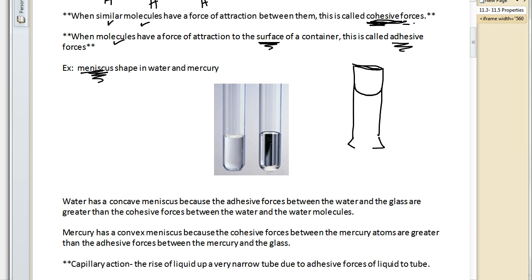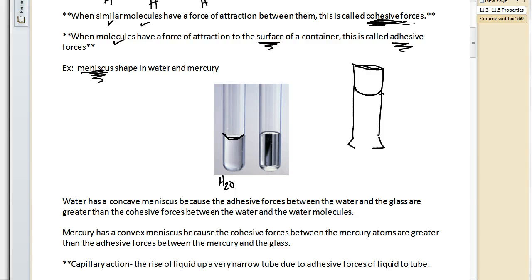And we're always told, rule of thumb is to read the bottom of the meniscus as your measurement. Well, the reason a meniscus exists is because, let's say in water, and in this picture I have right here, water is on the left. Water is going to have a concave meniscus, meaning this is going to dip down in the middle and then kind of climb up the side of the glass test tube, as you see there.